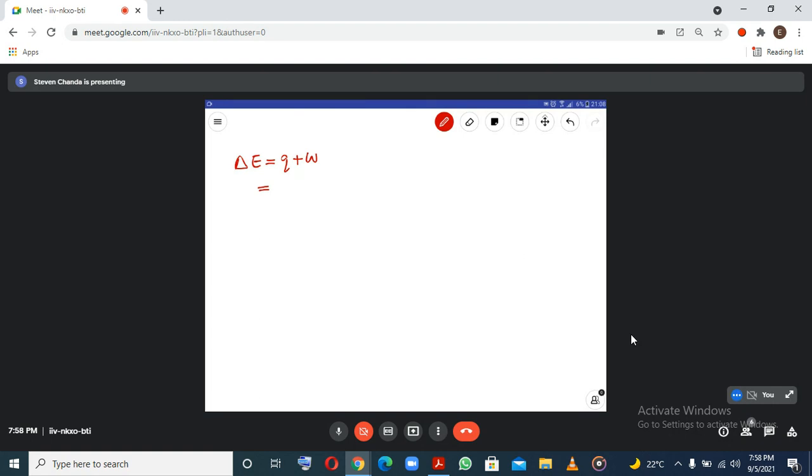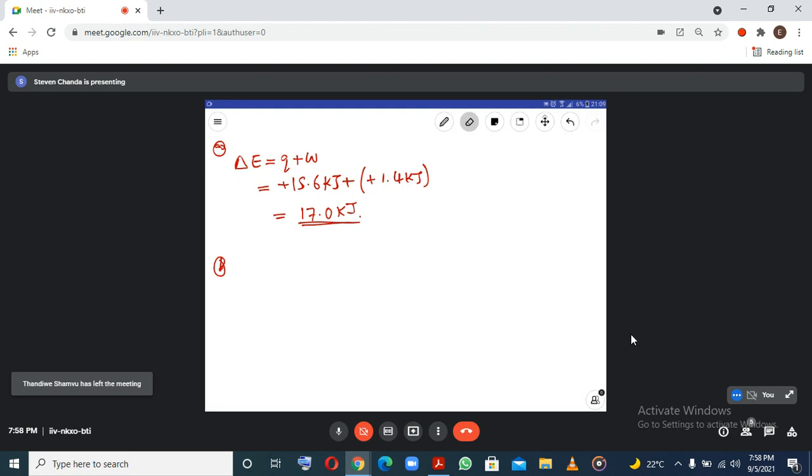So it's positive 15.6 kilojoules. Then the work is going to be positive as well, because work is being done on the system. So this is going to be 17.0 kilojoules. So there you have it, that's our answer. Nothing complicated, right?